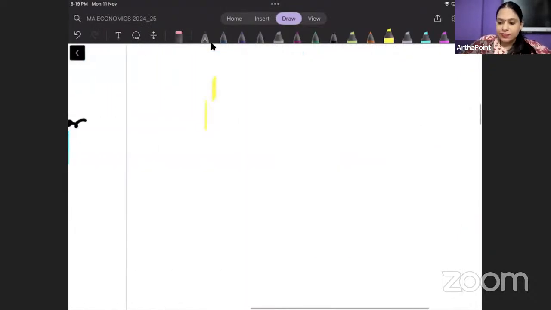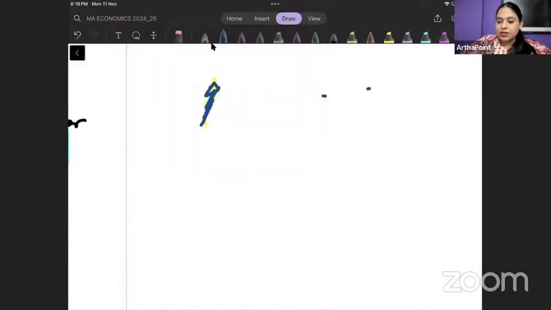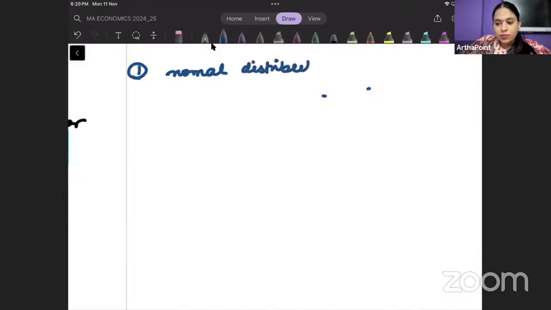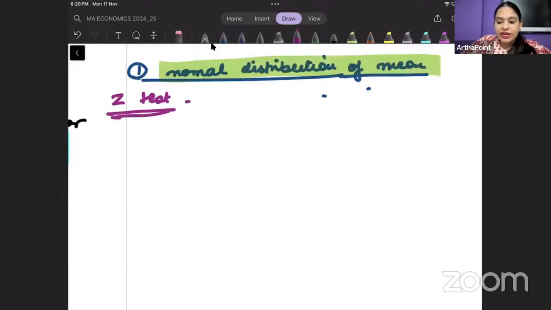Now first thing. What is happening? First thing. We have studied that whenever we are talking about normal distribution of mean, जब हम z टेस्ट कर रहे थे, when we were talking about normal distribution of mean, how were we writing it?